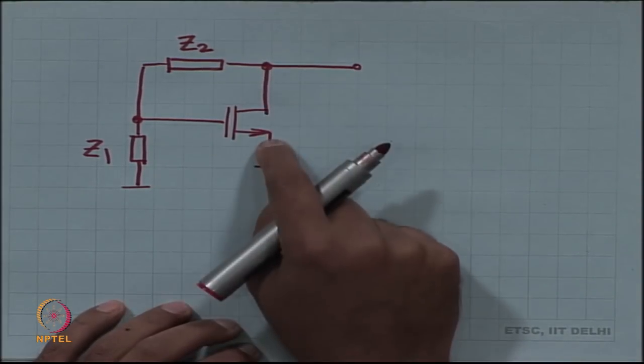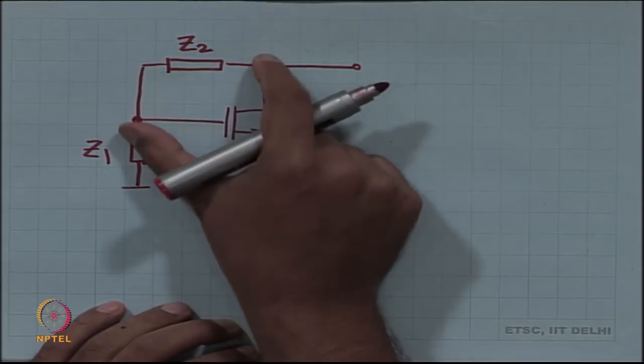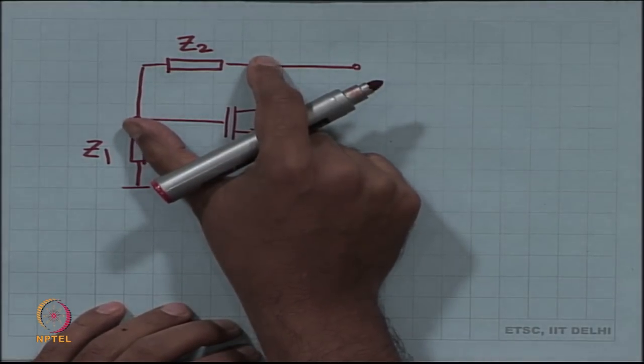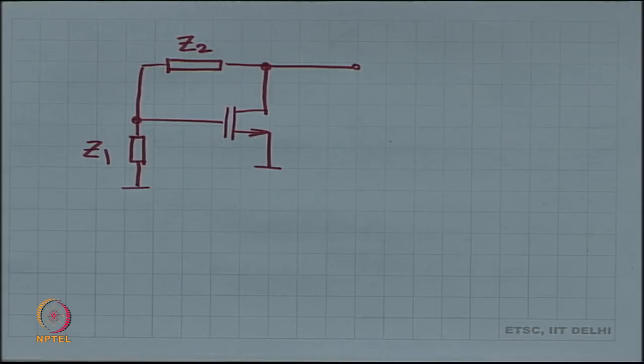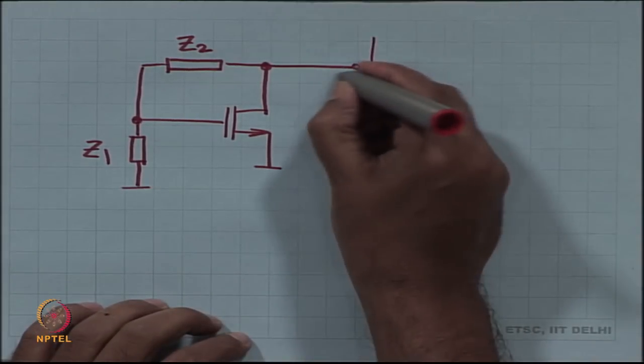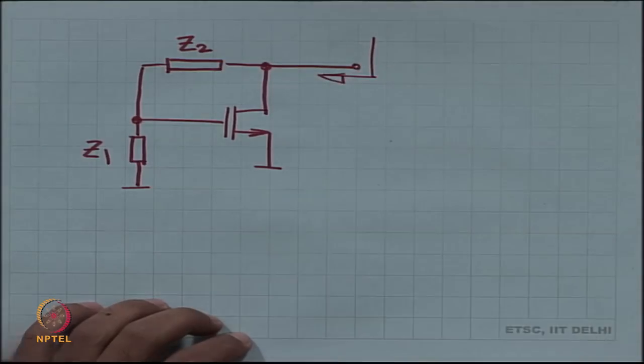I have a MOSFET with Z2 across gate and drain and Z1 between gate and ground. What is the impedance looking in?